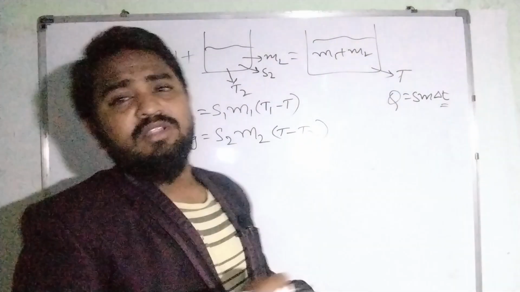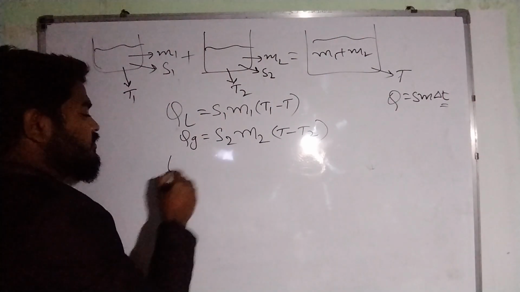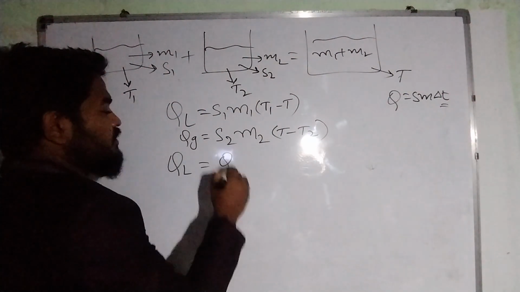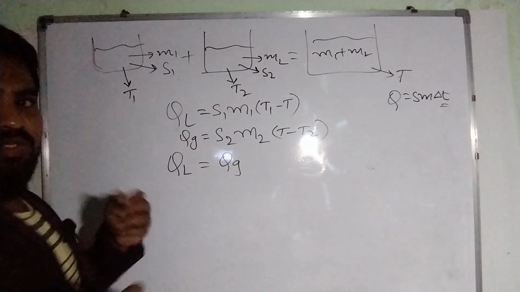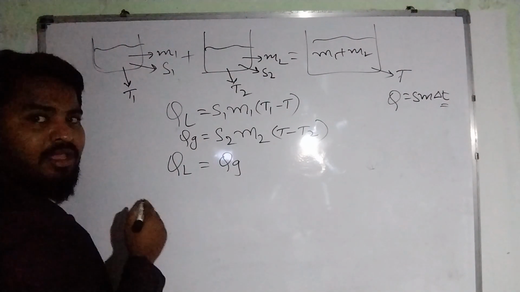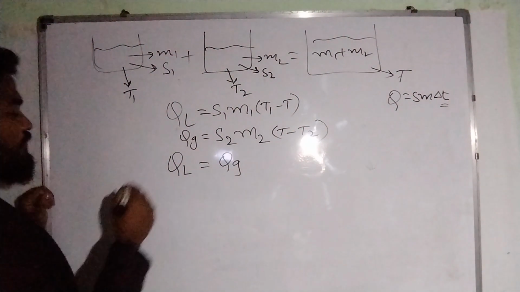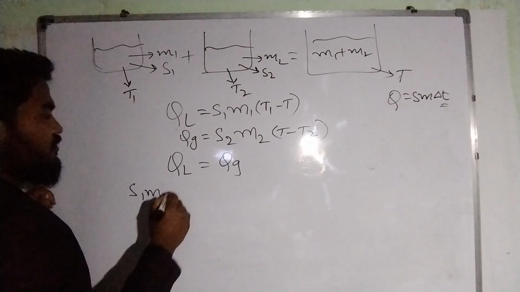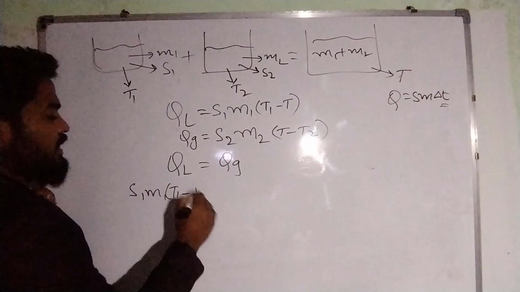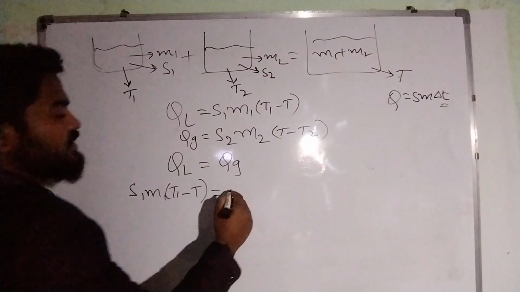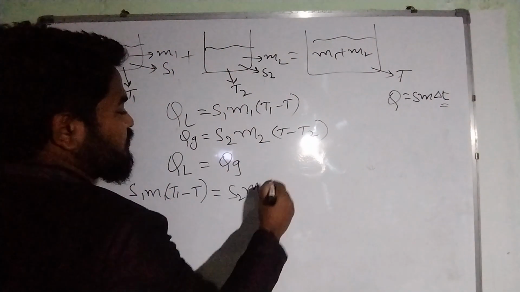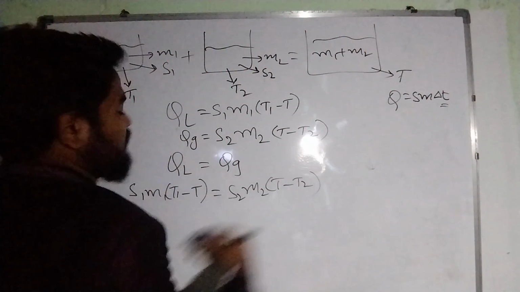According to the principle of method of mixtures, QL will be equal to QG, right? So what is QL? QL is S1 M1 (T1 minus T), which equals QG, that is S2 M2 (T minus T2), right?